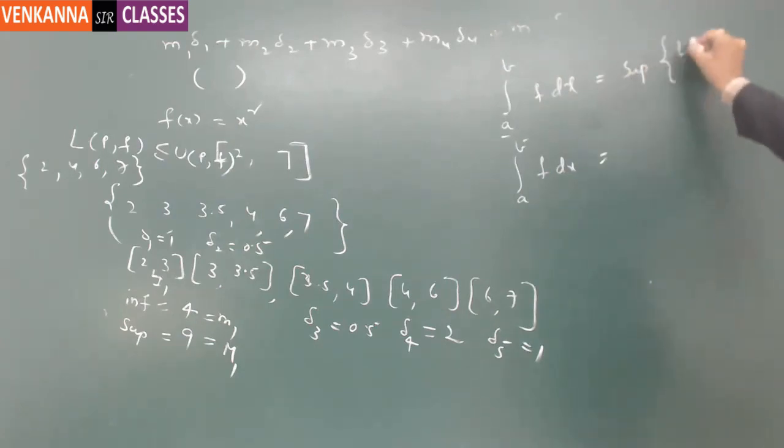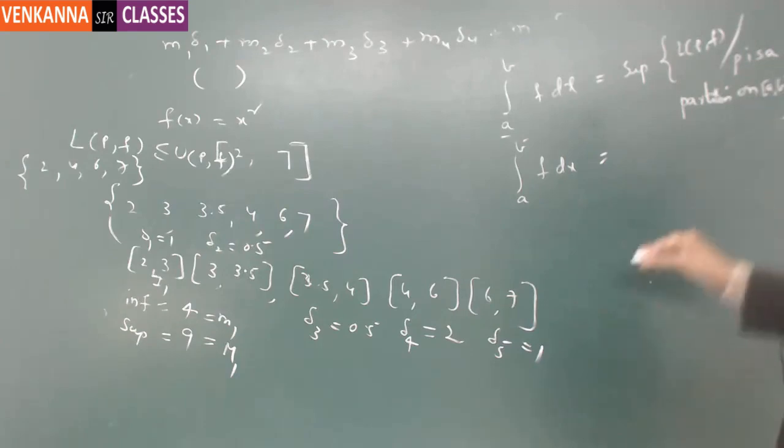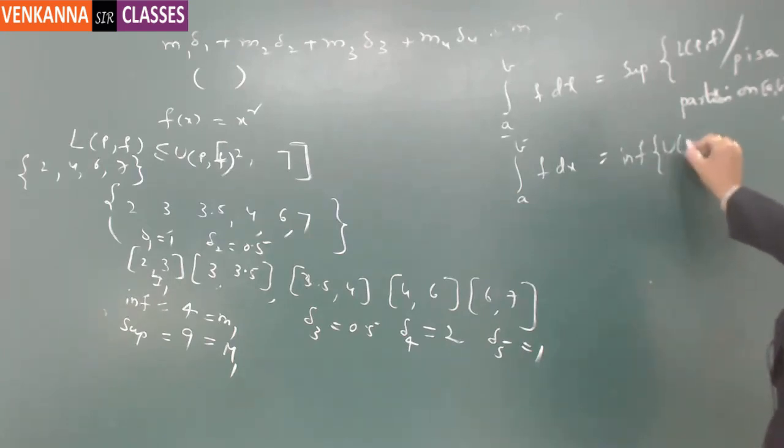for all the lower sums, you take the biggest among them. Similarly, the upper Riemann integral is defined as, for all the upper sums, you take the smallest one.